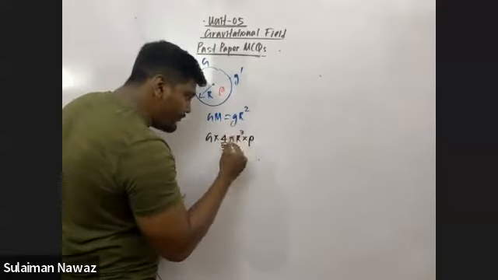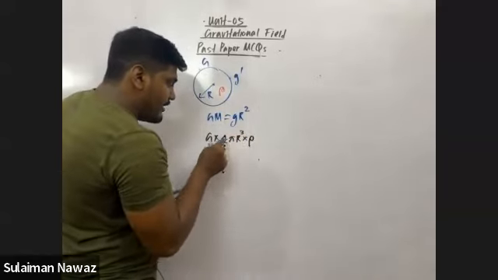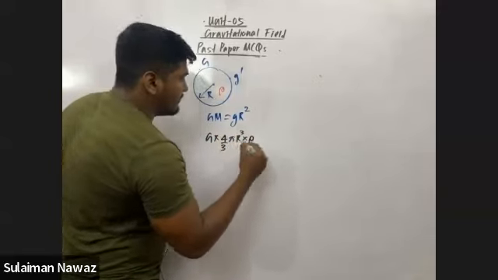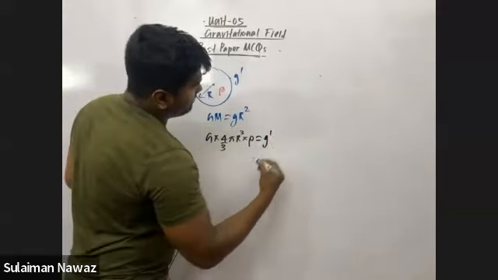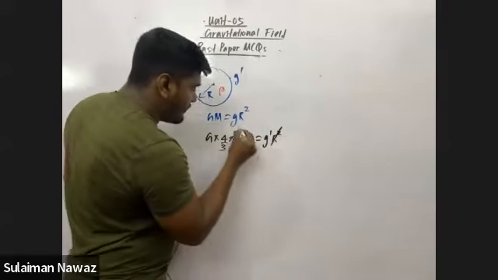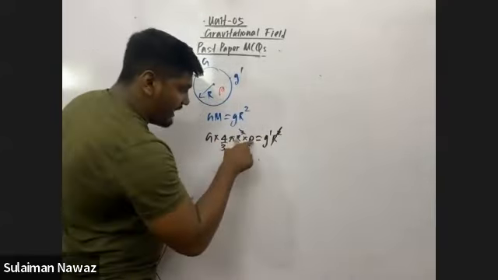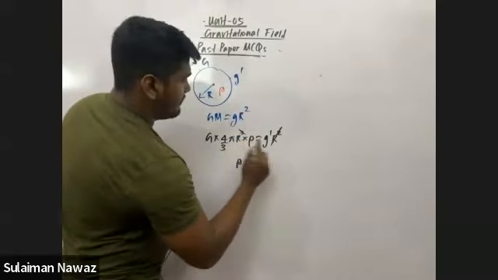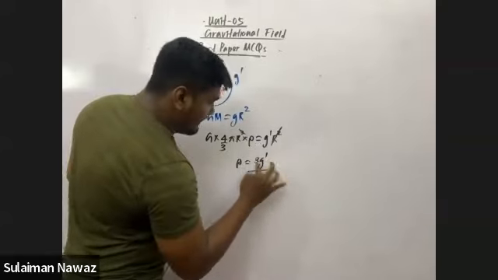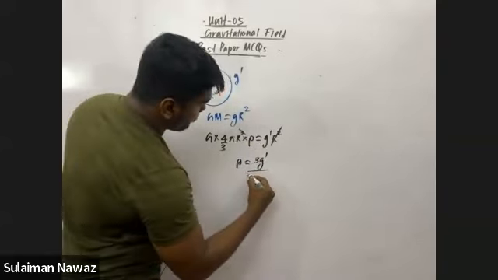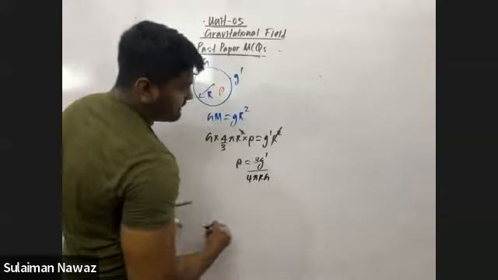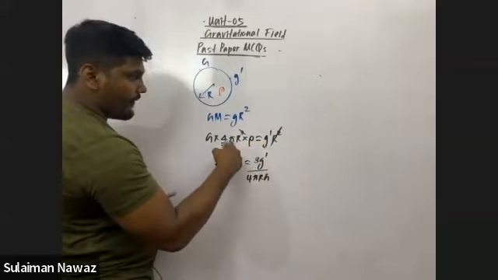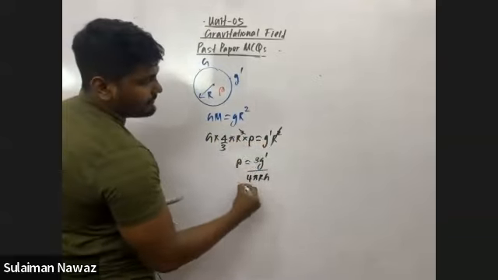So 4/3 pi R cubed into density equals g dash R squared. R squared, here R cancels out. If you want to find an expression for density, density equals what? 3 g dash over 4 pi R capital G.